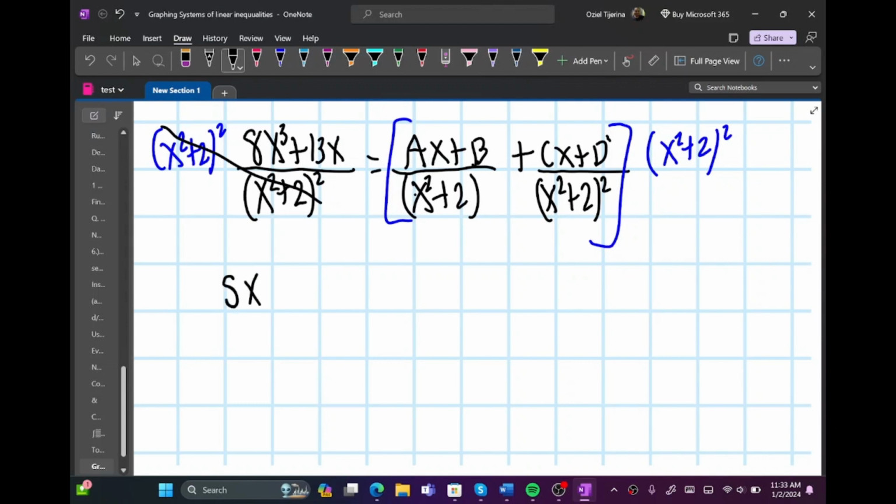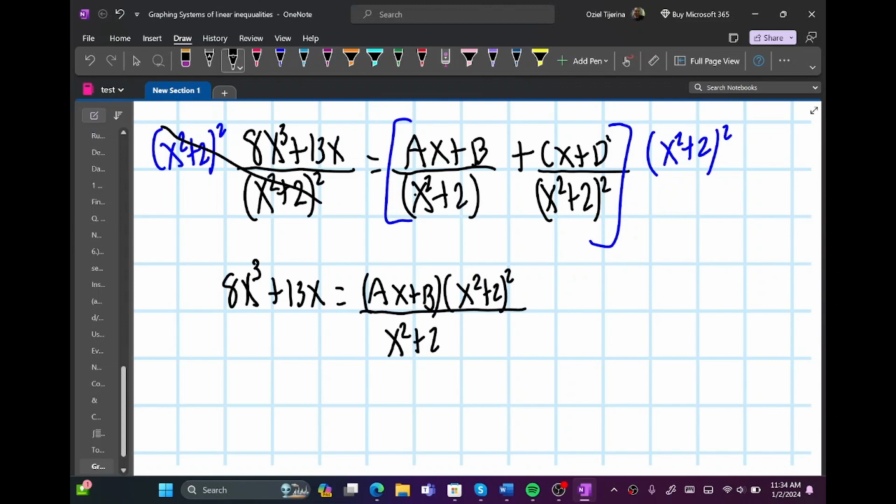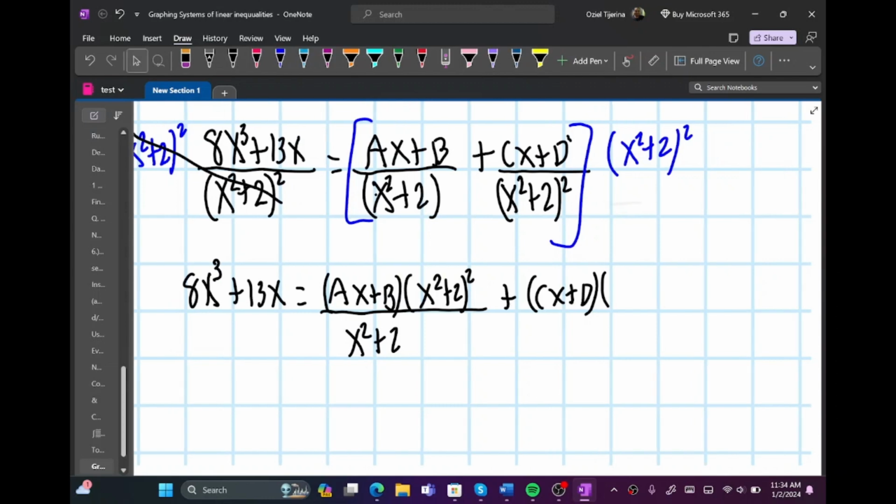So we have 8x cubed plus 13x equals, like I said, ax plus b times the quantity x squared plus 2 quantity squared over x squared plus 2, plus cx plus d times the quantity x squared plus 2 quantity squared.